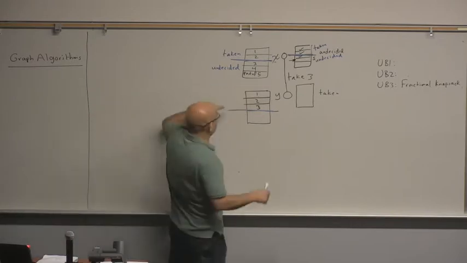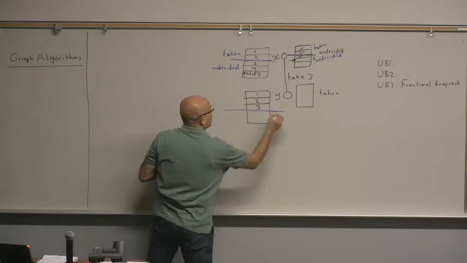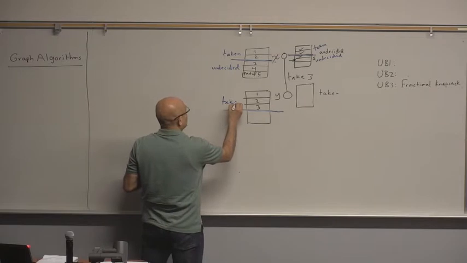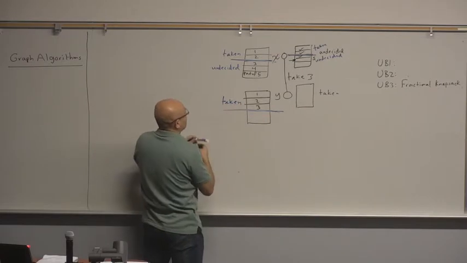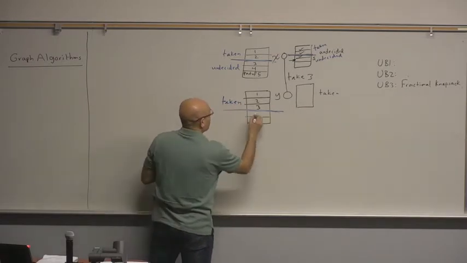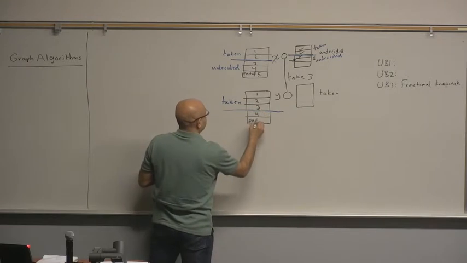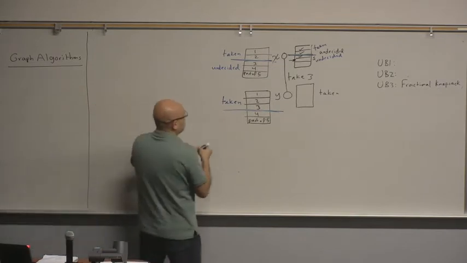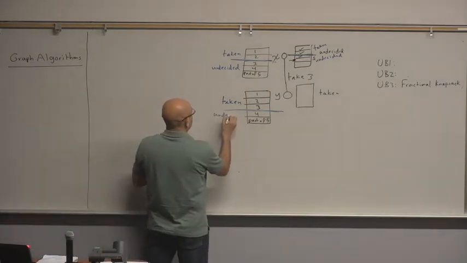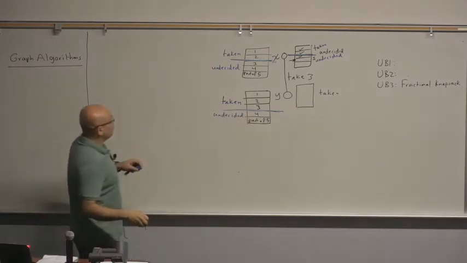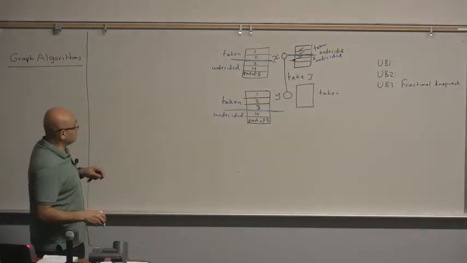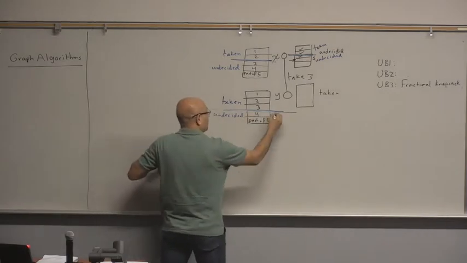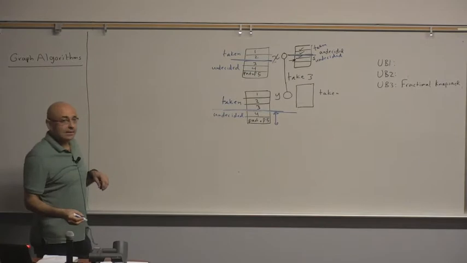Now, if you take item 3, the blue line will move down by one item, and these are the taken items now, and undecided items are going to start from 4, and part of 5. It's going to be the same solution, because you are solving the problem on the remaining items, and the remaining capacity is going to change.